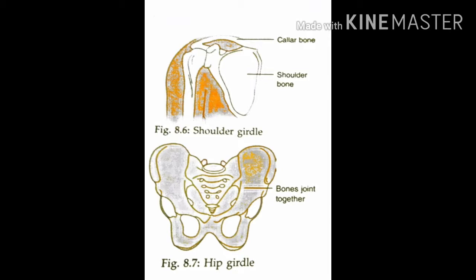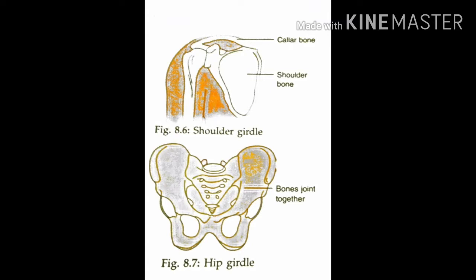The shoulder girdle is made up of two thin collarbones in front and two flat shoulder bones at the back.